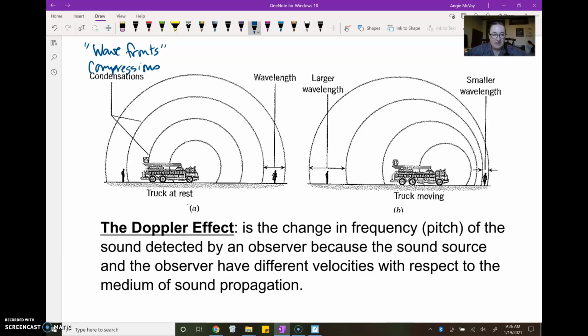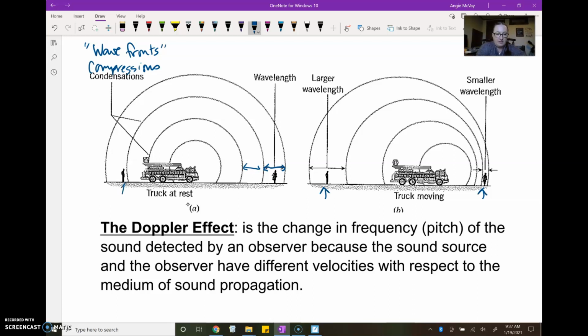Okay, so each of these lines are called wave fronts. And what you're noticing here is between each wave front, right, the distance in between these visual wave fronts is a wavelength. Okay, so you can see that there's a constant wavelength in between each of these wave fronts. All right, but when the truck is moving, and there are two observers here, right?